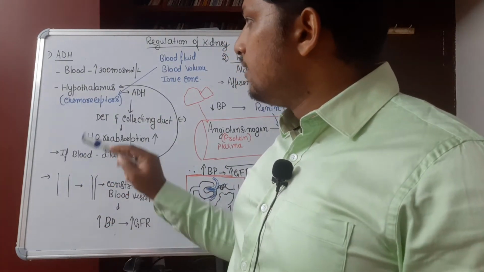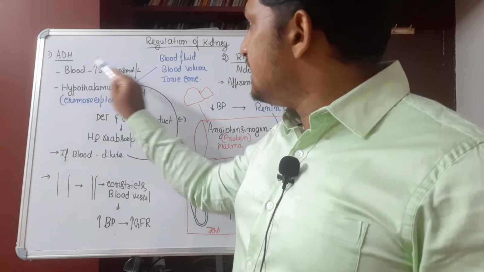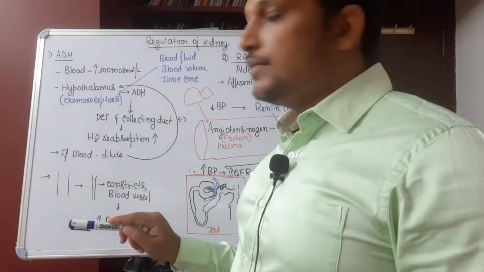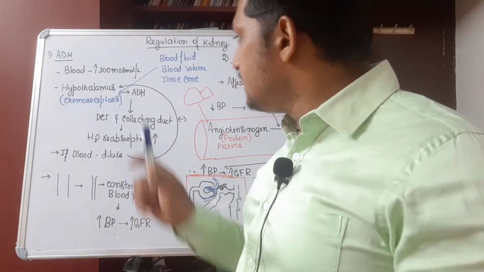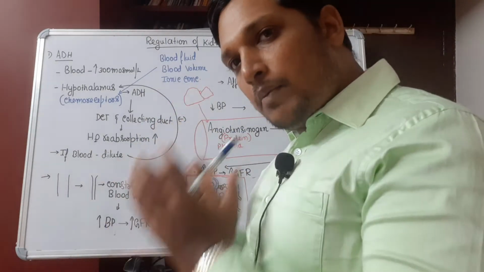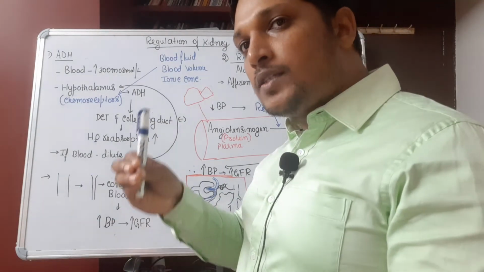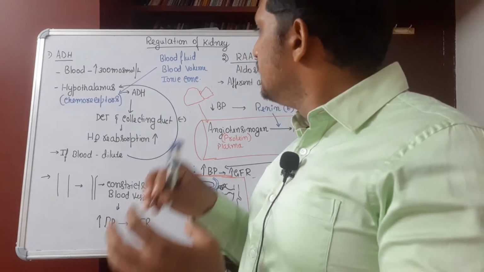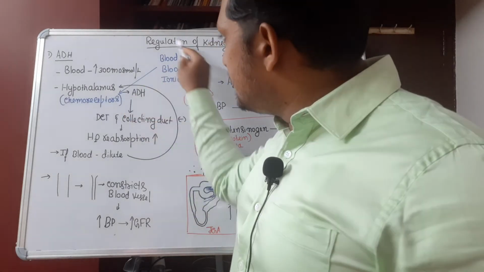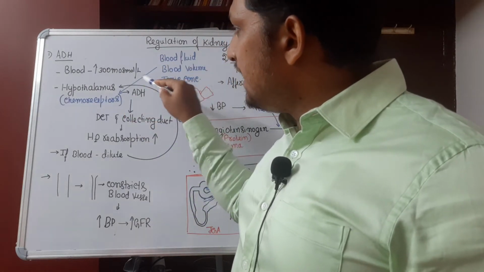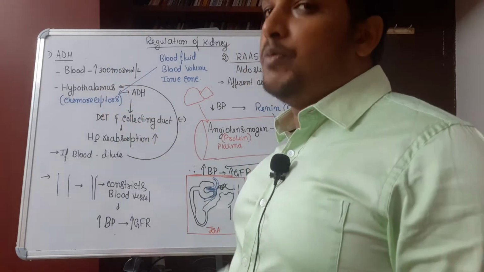Let us understand. When there is a change in fluid volume, that is, blood has fluid and if the entire blood volume changes, or if the concentration of ions present in the blood changes, then that blood with changed concentration is recognized by the hypothalamus.